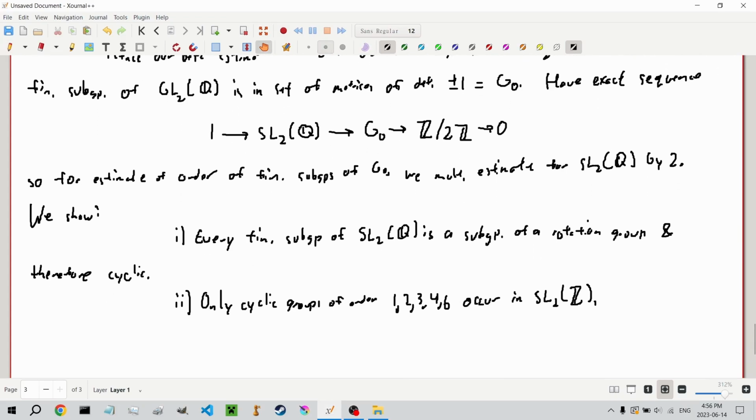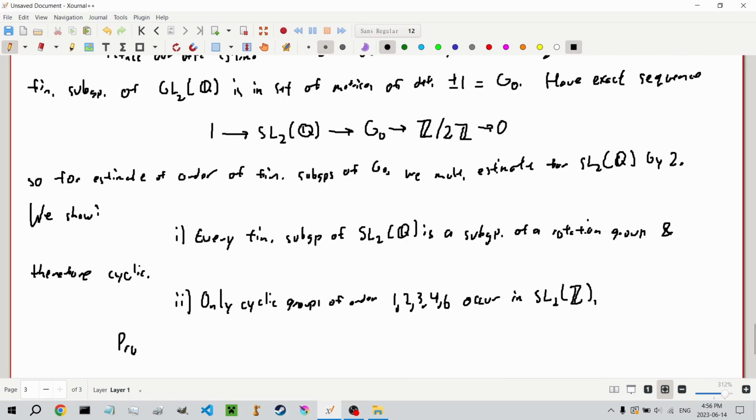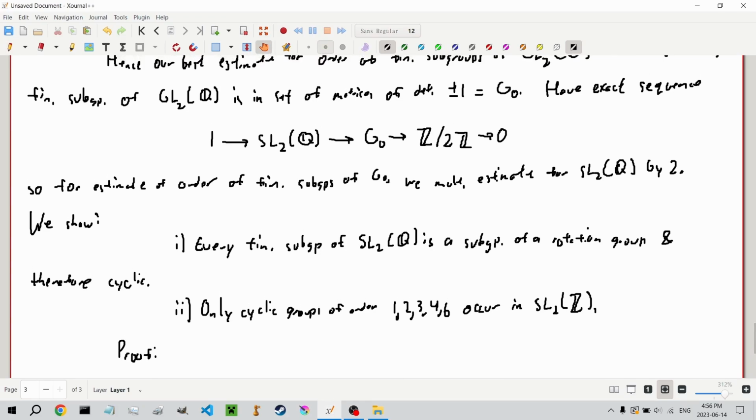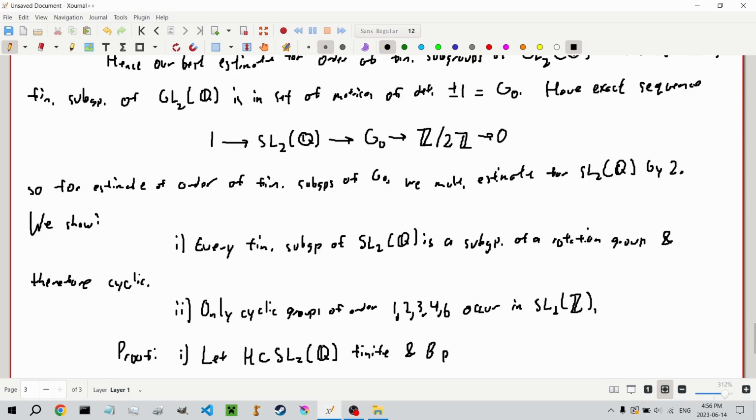Let's look at the proof. Number 1. Let H in SL2 of the rationals be finite, and B be any positive definite bilinear form on the integers squared.